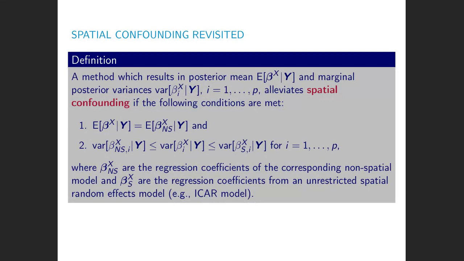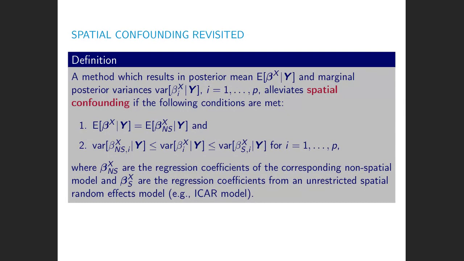And then for the components of beta x, we have this ordering of variances. The restricted spatial regression marginal posterior variance has to be greater than the corresponding variance in the non-spatial model. Again, because we expect that spatial dependence is positive, and therefore there is less information than if we had independent observations, we expect inflation of the variance relative to the non-spatial model.